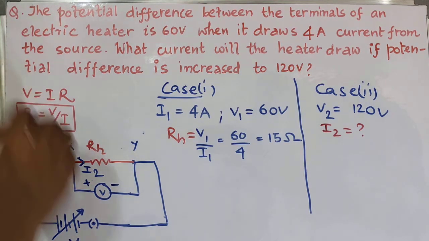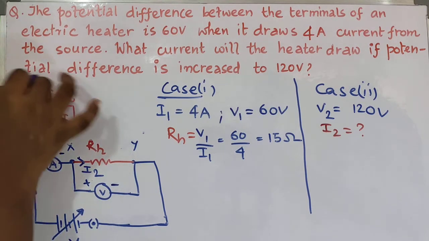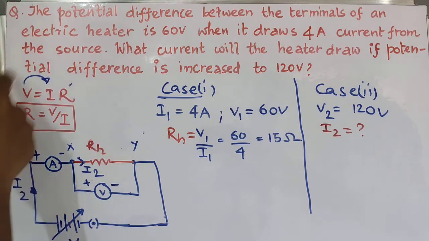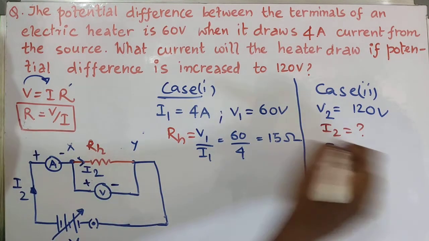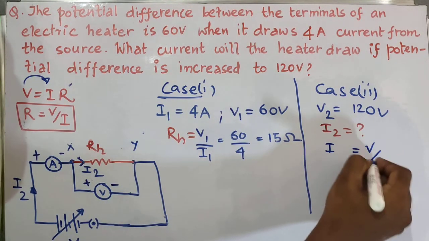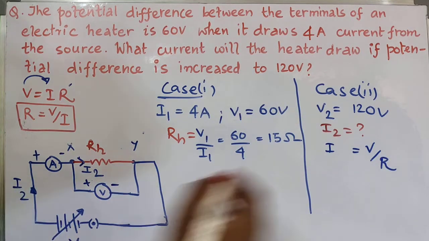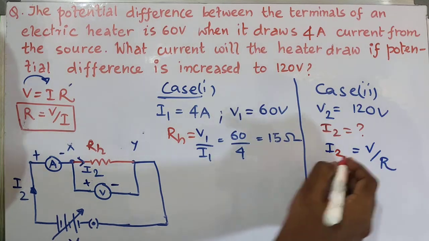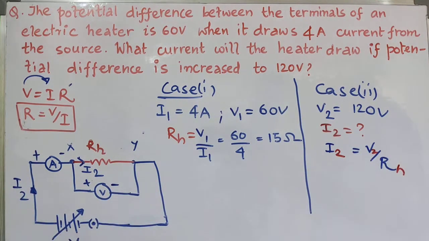So we know that V is equal to IR, R is kept constant. That means V is proportional to I. So can I write I is equal to V by R? In the specific case, I2 is equal to V2 by RH.